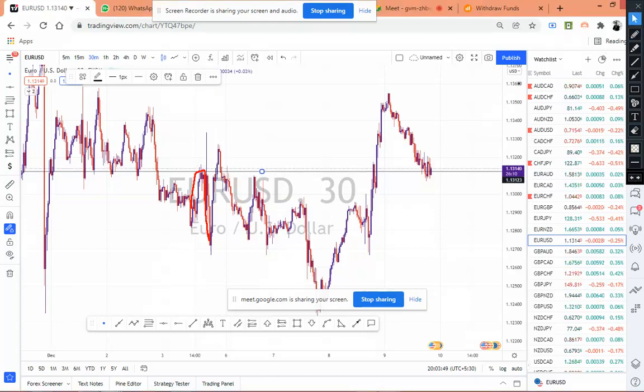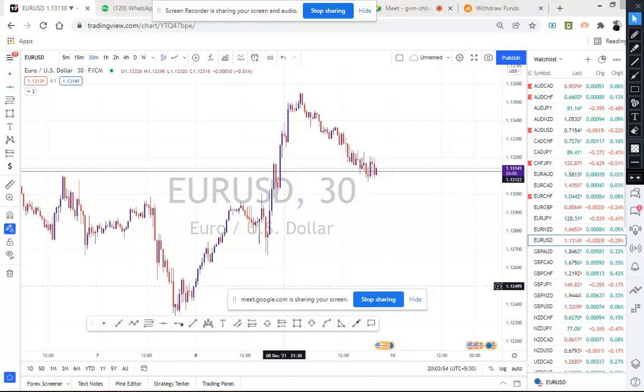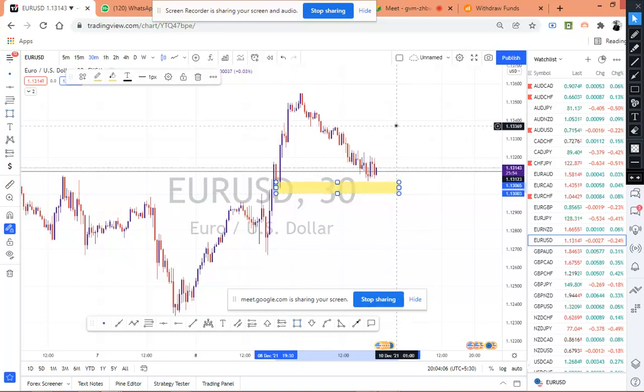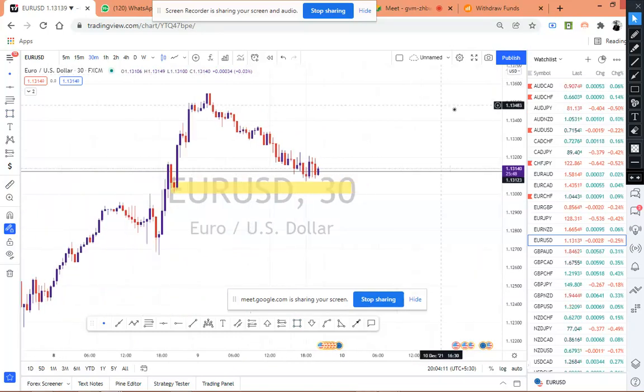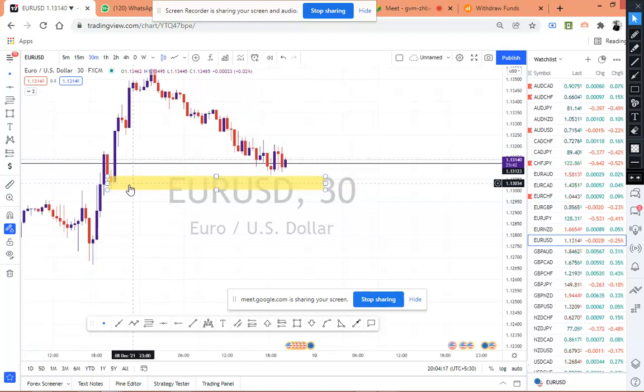But right here, I can see a demand zone. I'm quite confused if the market has already touched it, because I placed the demand zone exactly at the body of the red candle, the opening of the red candle to the week low. But you see that the candle almost touched the zone. But I'm not sure yet if this is going to be a buy trade.